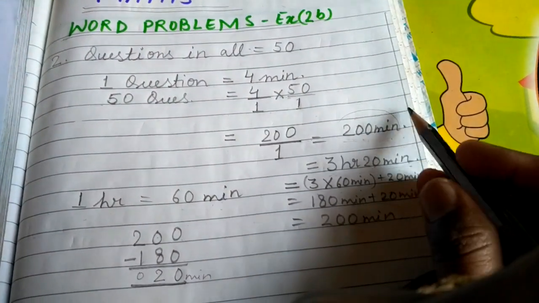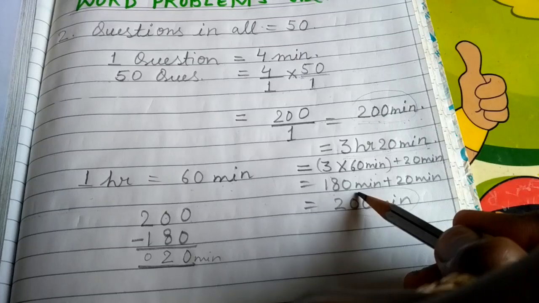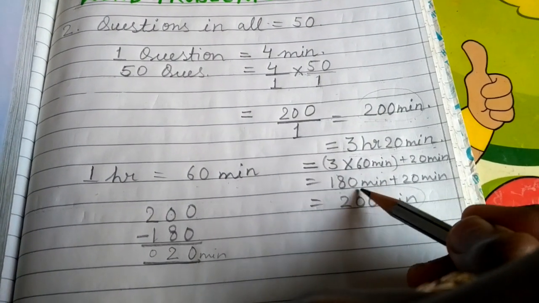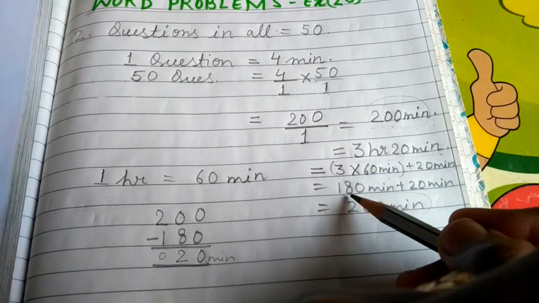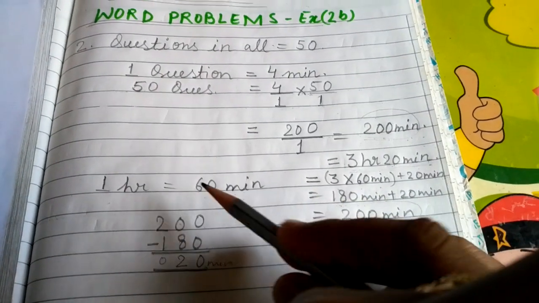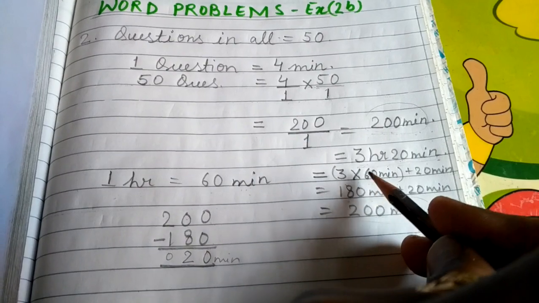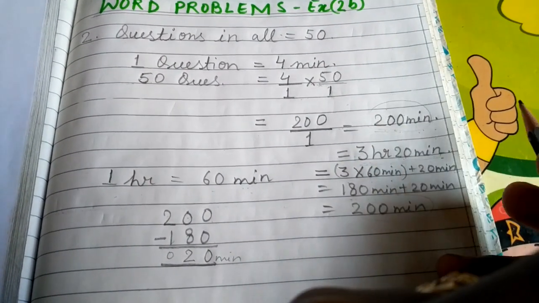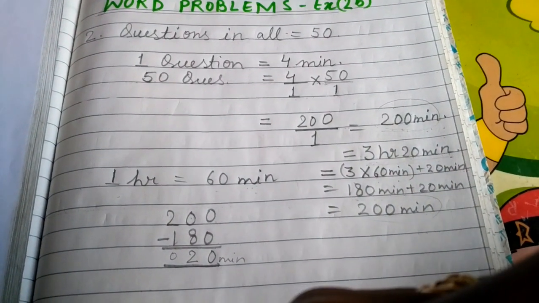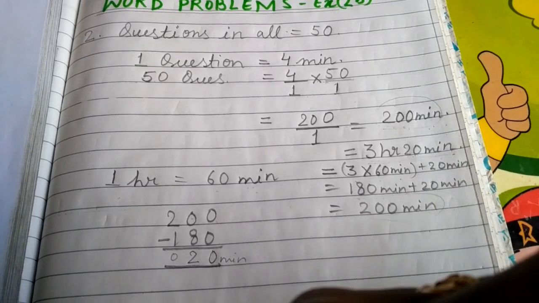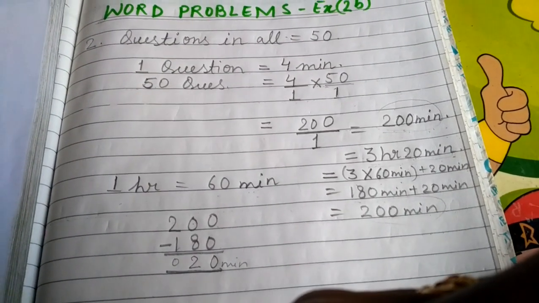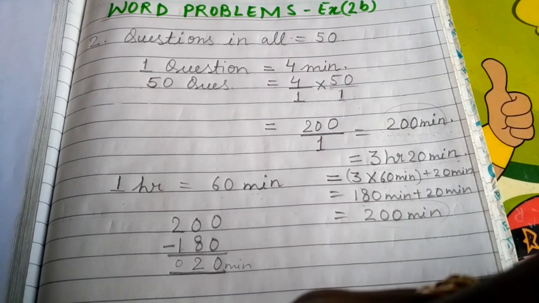That out of 200 minutes, 180 minutes means 3 hours. How did we calculate 180 minutes? We know that 1 hour is equal to 60 minutes. So in 200 minutes there will be 3 hours. Are you getting? 1 hour is equal to 60 minutes and in total we have 200 minutes.